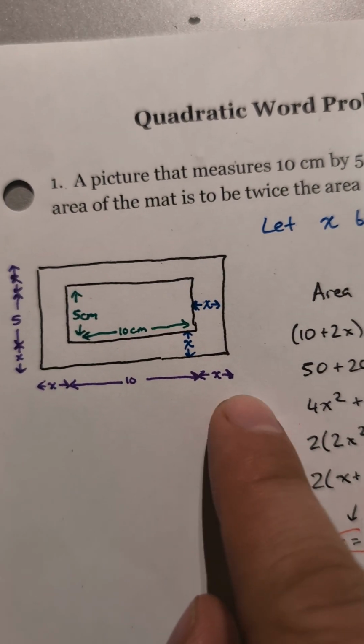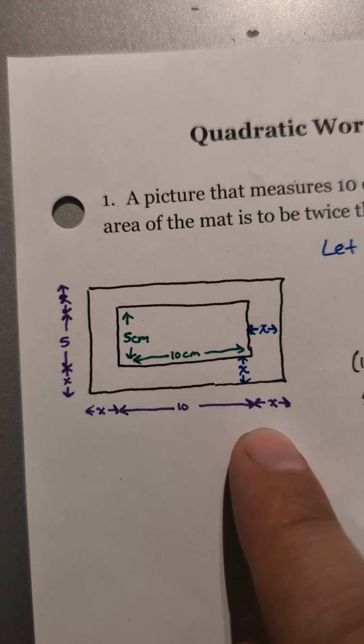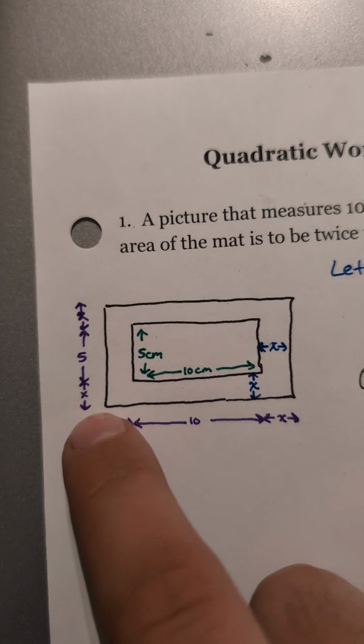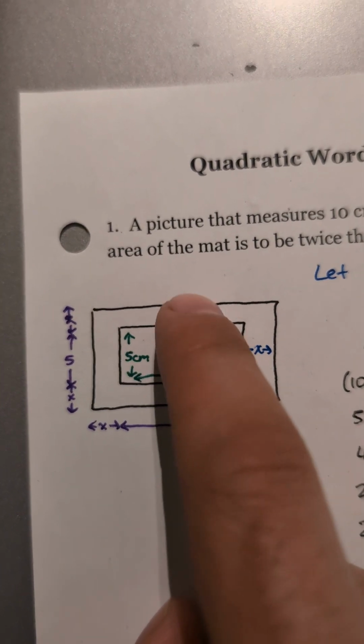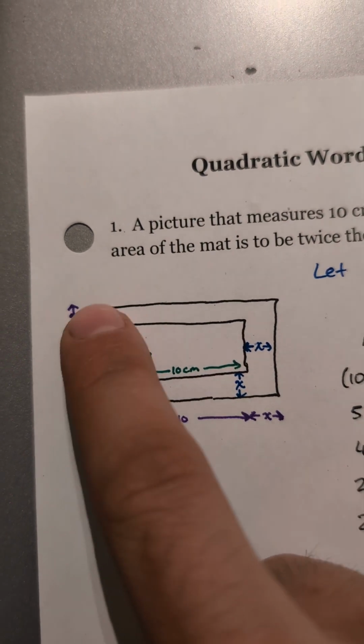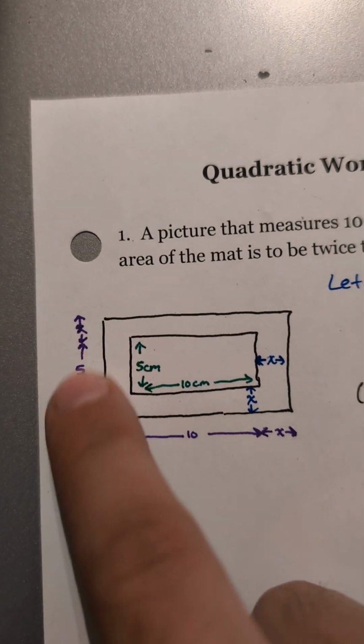So that whole side is 10 plus 2X. And for the height, we have the 5 centimeter height plus the X at the top and the X at the bottom, so 5 plus 2X.